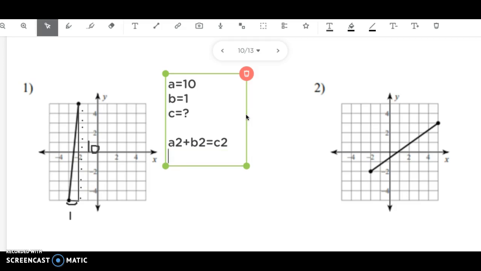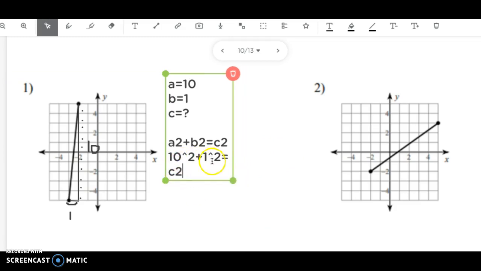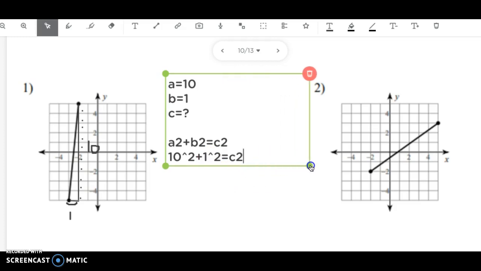So A squared, that's going to be 10 squared, plus B squared is 1 squared, equals C squared. Now sometimes you guys will run out of space and your problem will look like that. If it runs out of space and it looks like that, just widen this because I want everything on one line.